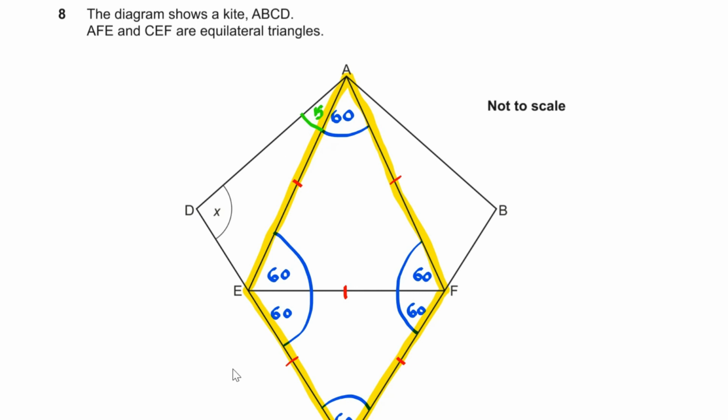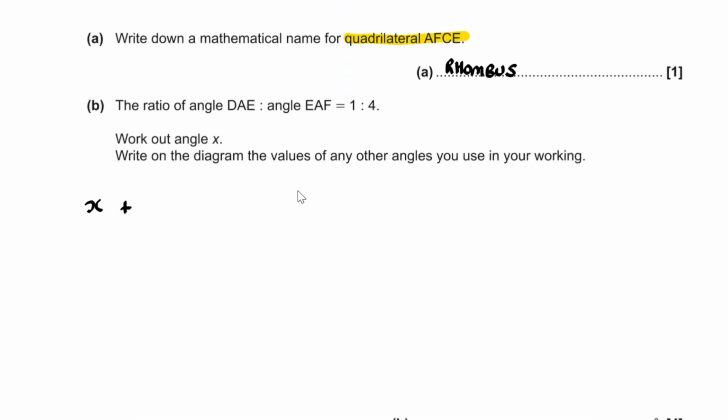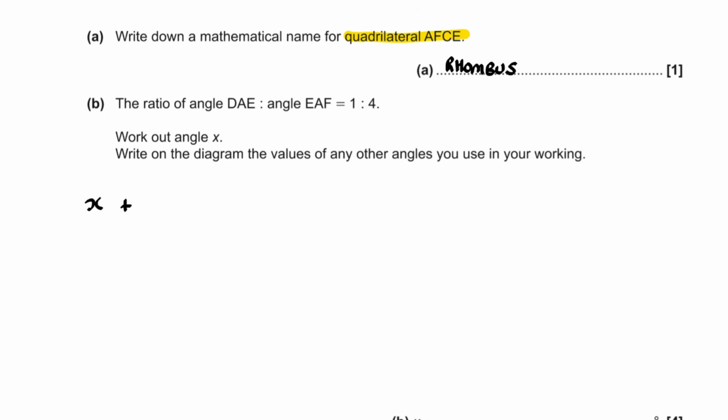Now angles on a straight line sum to 180, so this angle here is 180 take away 60, take away another 60, which is 60. So we've got 60 degrees over here. Now angles in a triangle would sum to 180, so we have X plus the 60 degrees plus the 15 degrees.